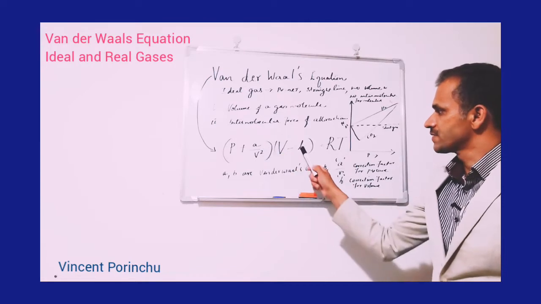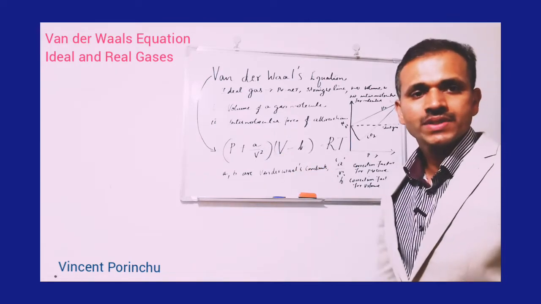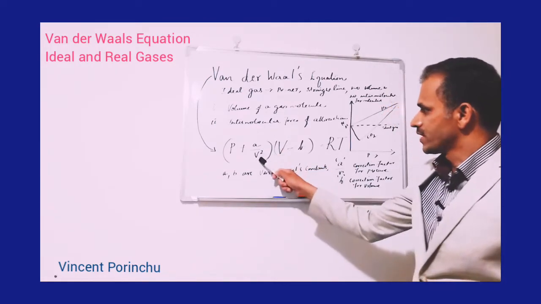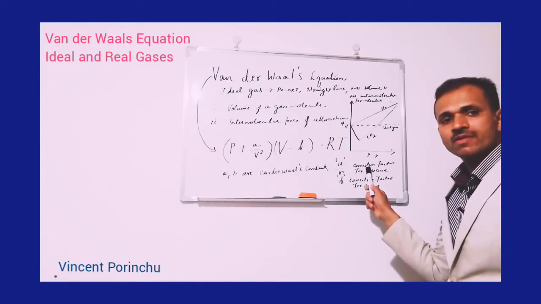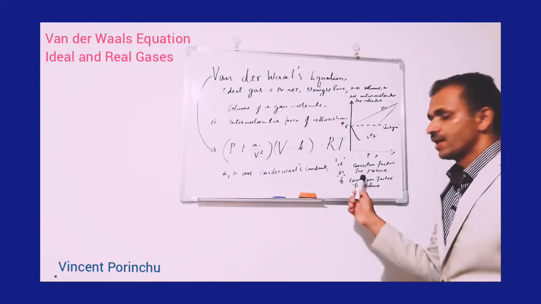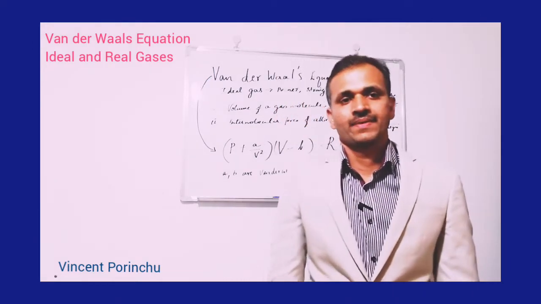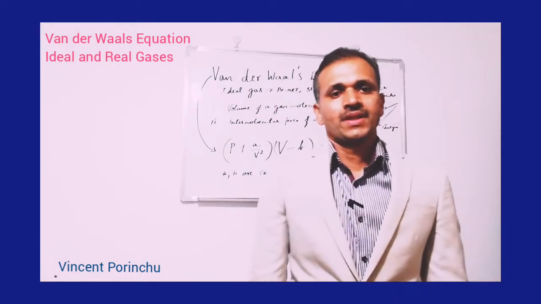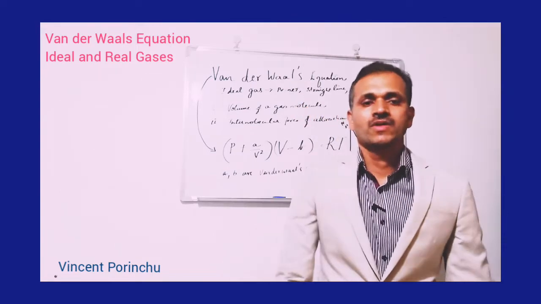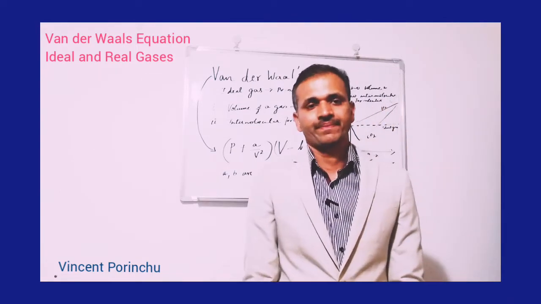Here a and b are Van der Waals constants, and a by V squared is the correction factor for pressure and b is the correction factor for volume. So this is about the Van der Waals equation.